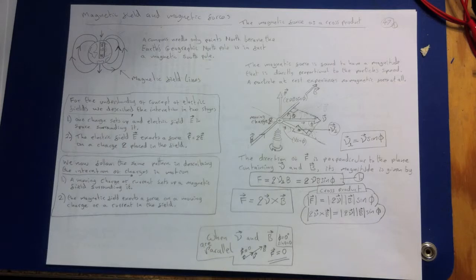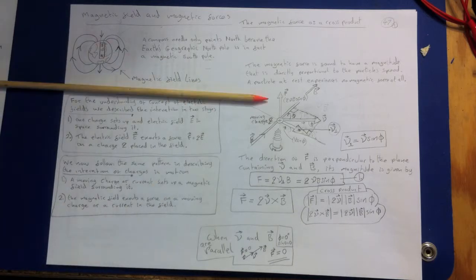When v and B are parallel or antiparallel, there is no force. These characteristics of the magnetic force can be summarized with reference to figure 1 as follows. The direction of force vector F is perpendicular to the plane containing the velocity vector v and the magnetic field B.